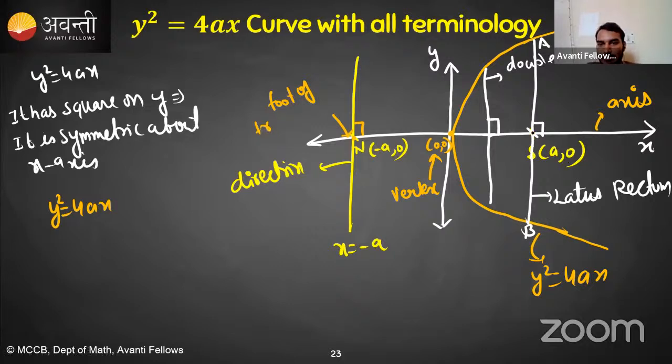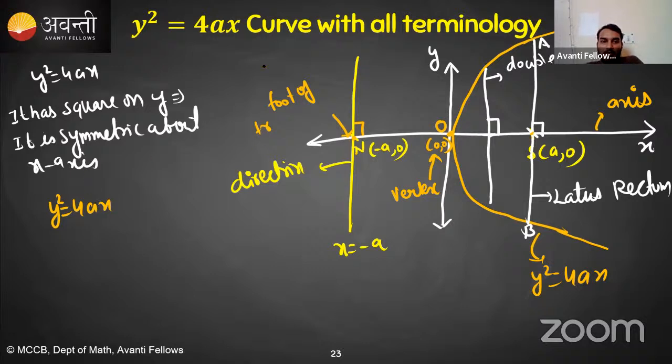And S is a focus. If you see this point which is vertex, let's call this origin O, this vertex is nothing but the midpoint of S and N, yes or no? ये दिख रहा है तुम्हें, midpoint of S, focus, and foot of perpendicular is 0, 0, which is vertex.